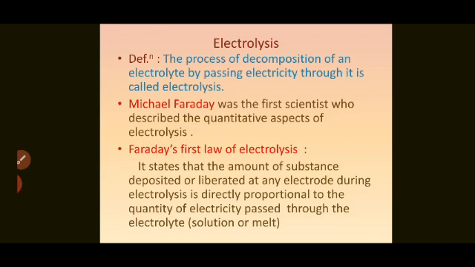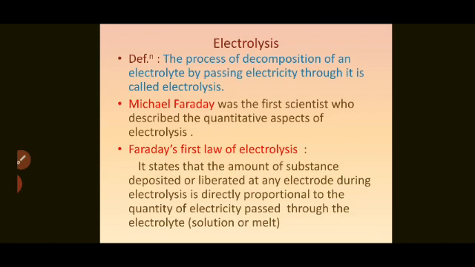So let us start with Faraday's first law of electrolysis. It states that the amount of substance deposited or liberated at any electrode during electrolysis is directly proportional to the quantity of electricity passed through the electrolyte.